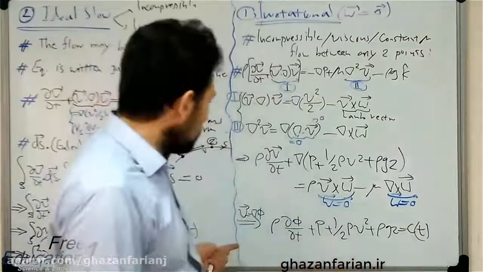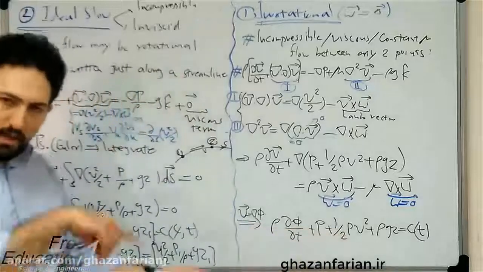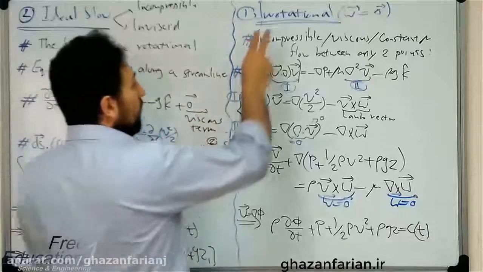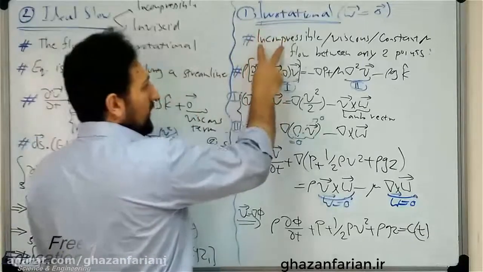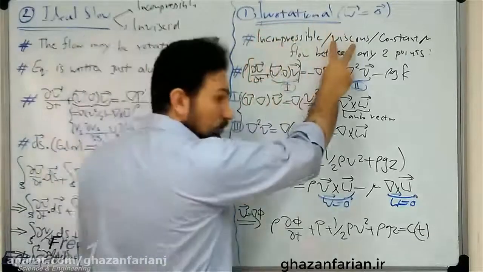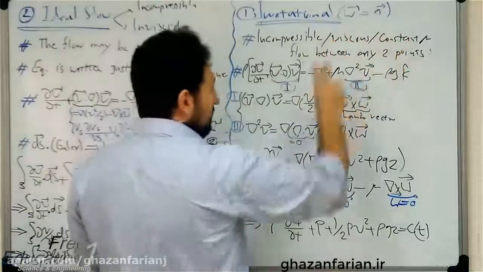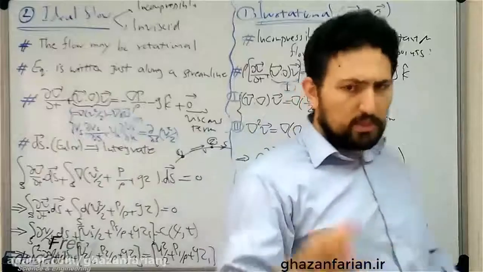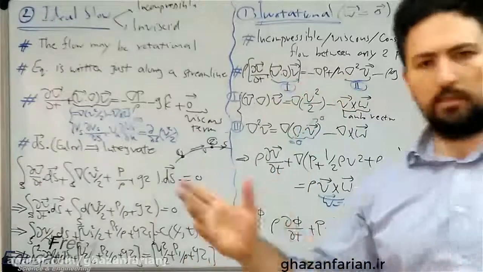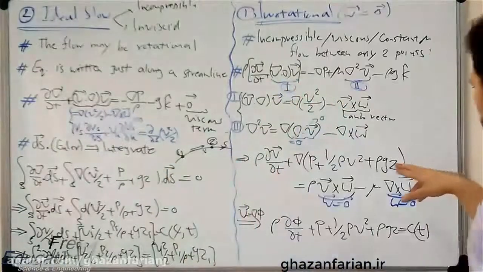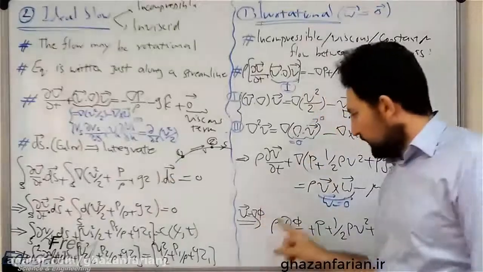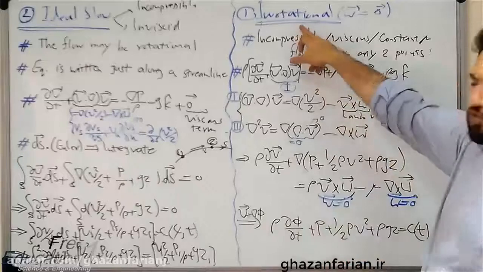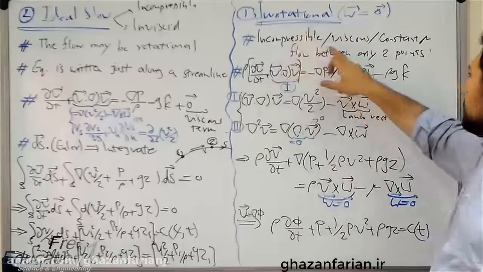This form of the Bernoulli's equation is the unsteady Bernoulli's equation for irrotational, incompressible, but viscous, constant viscosity flows, which can be written between any arbitrary pair of points in the flow field. Please consider in this version of the Bernoulli's equation that the flow should be irrotational or potential, and viscous.